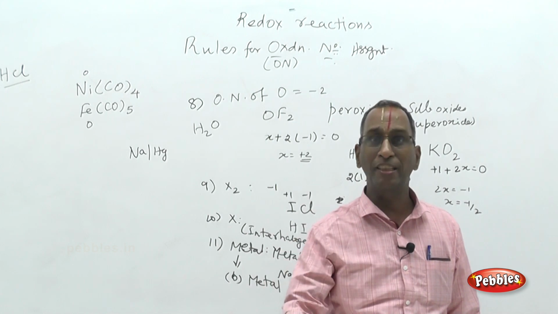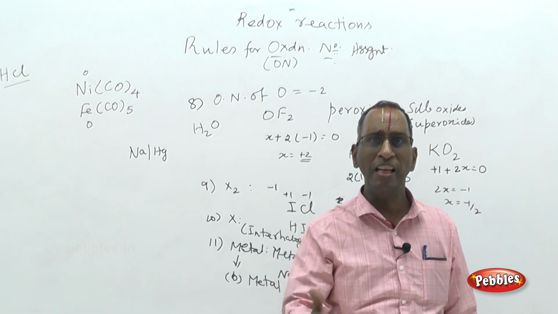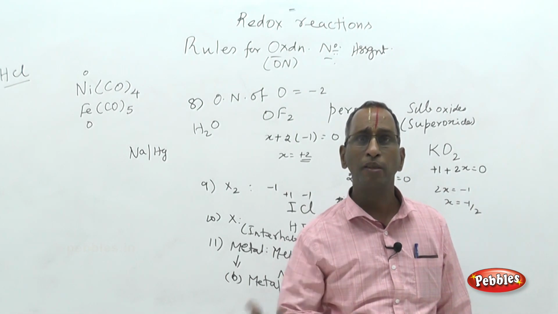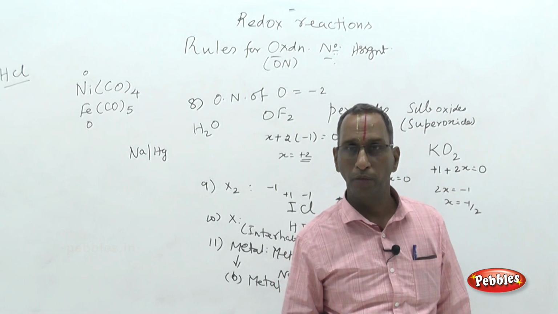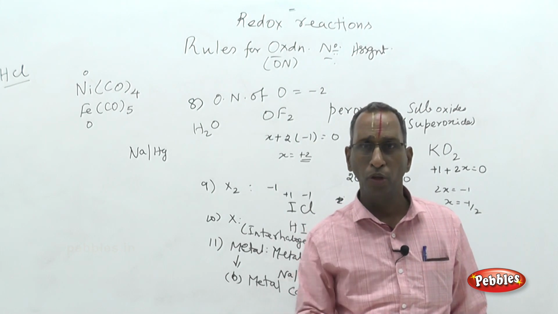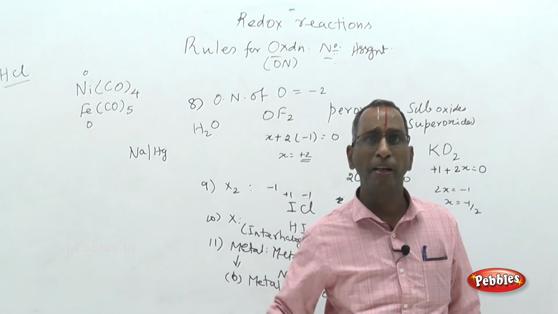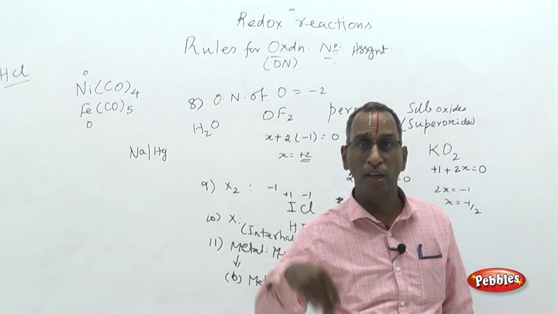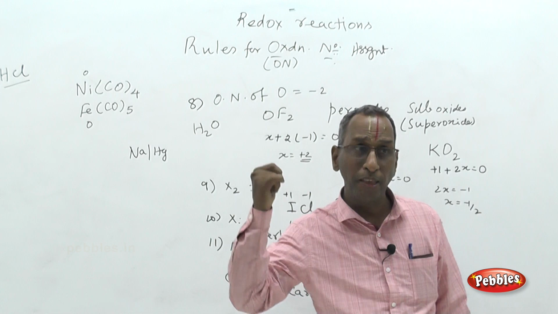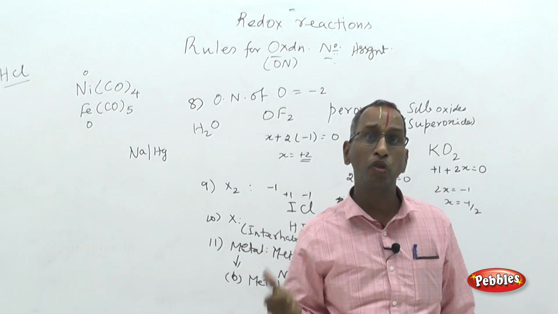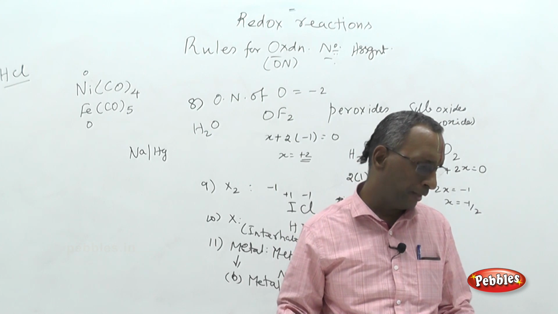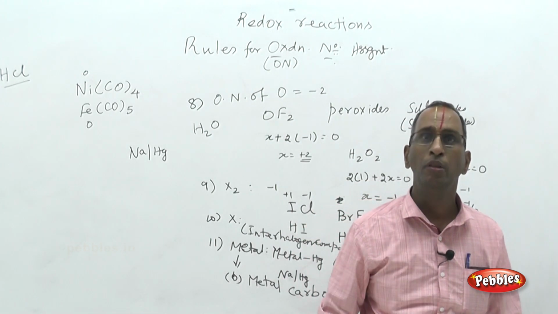From it we can predict whether a material can be used as an oxidizing agent or a reducing agent. We cannot generalize that all metals are oxidizing agents or all are reducing agents; some metals are used as oxidizing agents, some as reducing agents. The capacity is based only on their oxidation number. So we will see the significance of oxidation number in redox reactions.